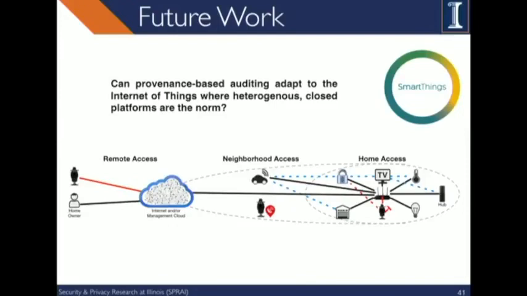And then moreover, since we're cyber physical, how do we incorporate notions of locality into all of this? I might have an attacker with physical access to my home that's driving through the neighborhood, or that's attacking over the internet through traditional means. So there's a lot of exciting things to tackle in this area of making transparent systems.